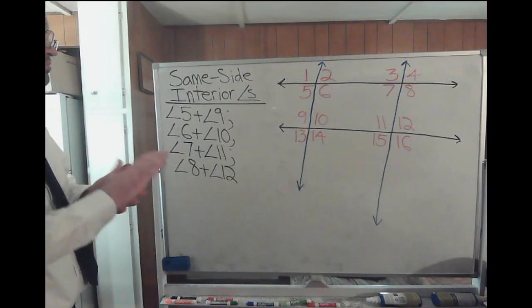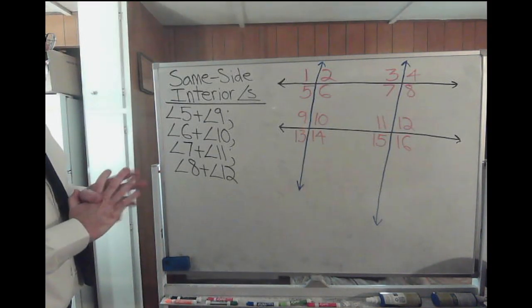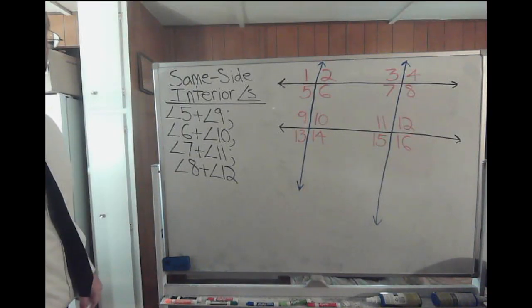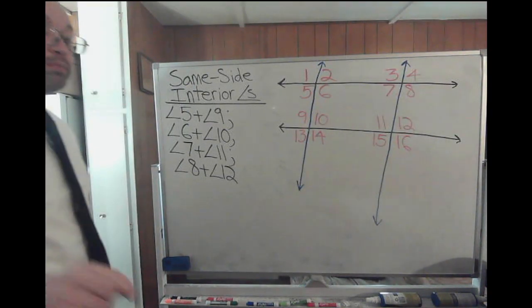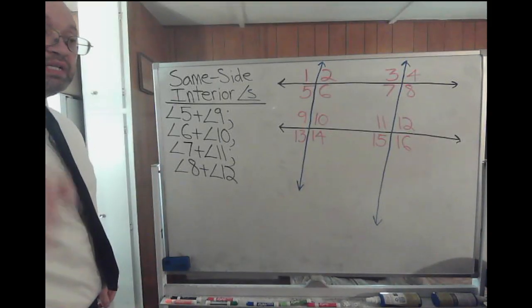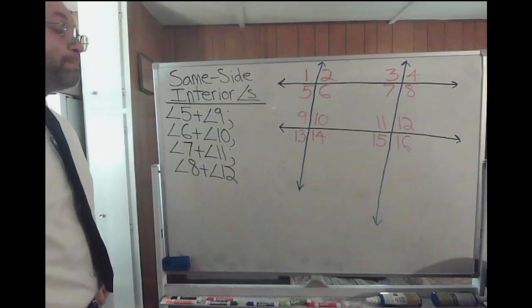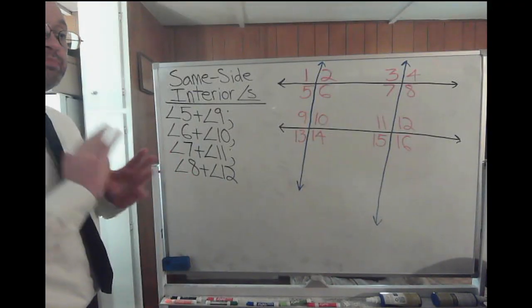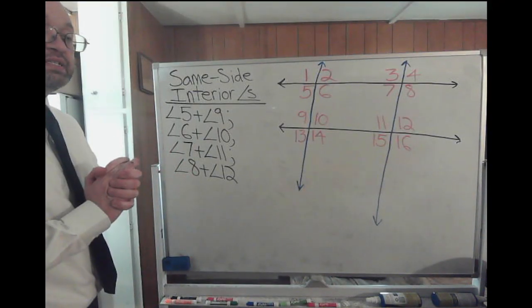So today we talked about parallel lines, meaning that both lines are in the same plane. That's a criteria for parallel lines. They have to be in the same plane and not touch. Skew lines are lines that are in parallel planes.